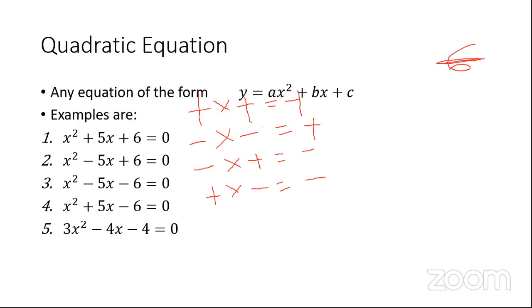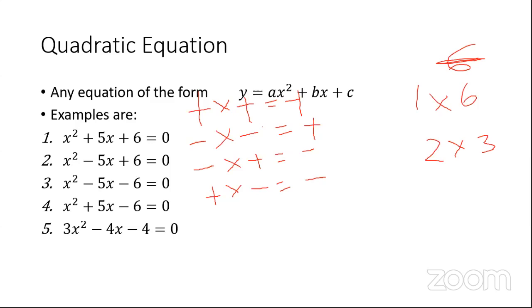So the two numbers to multiply together must also be plus plus or minus minus, so as to be able to achieve the plus product. In this case, we have 1 times 6 and 2 times 3, either plus plus or minus minus.